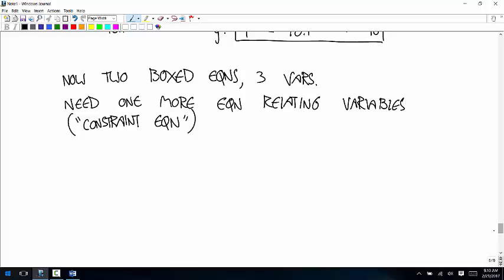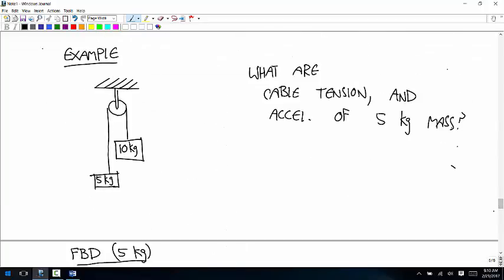Okay, so our three variables are T, the acceleration of the 5, and the acceleration of the 10. Look at this original system. Are there any relationships that you can see between the tension and that acceleration and that acceleration? There's one geometric relationship. Think of it this way.